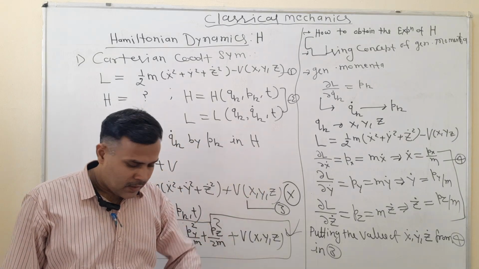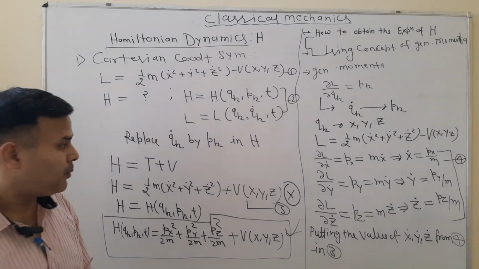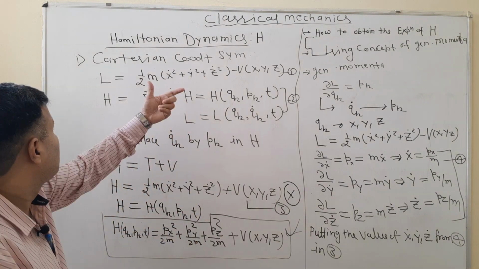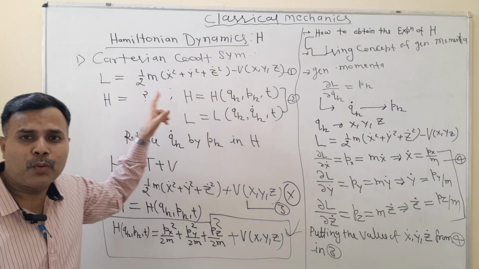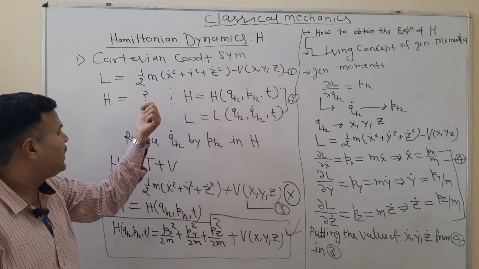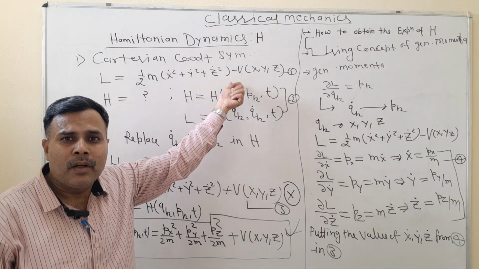We can write the Hamiltonian for different coordinate systems. So just go through this quick revision. If for a given L we have a profile of L in this way, which is simply Cartesian, how do we obtain H? And this L is time independent, there is no t term.